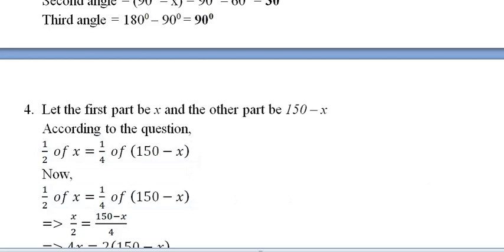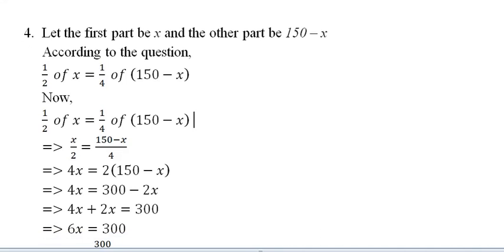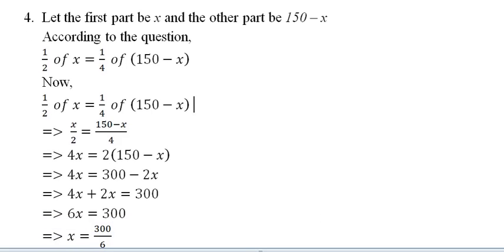After framing this equation, you have to solve and calculate the value of x. Of means multiplication, by the way. So x multiplied with 1 gives x by 2, and 150 minus x multiplied with 1 gives 150 minus x by 4.